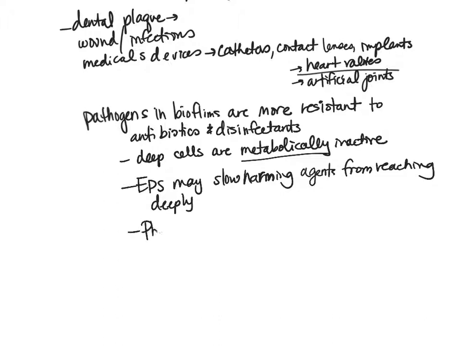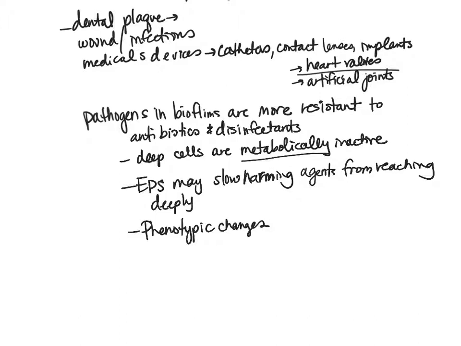Also, phenotypic changes. So not only will the EPS create this big, thick gel, so the antibiotics just can't get in there and get past it, but also phenotypic changes, meaning the change that occurs because the biofilm has formed and they have this quorum sensing where they're kind of talking to each other.